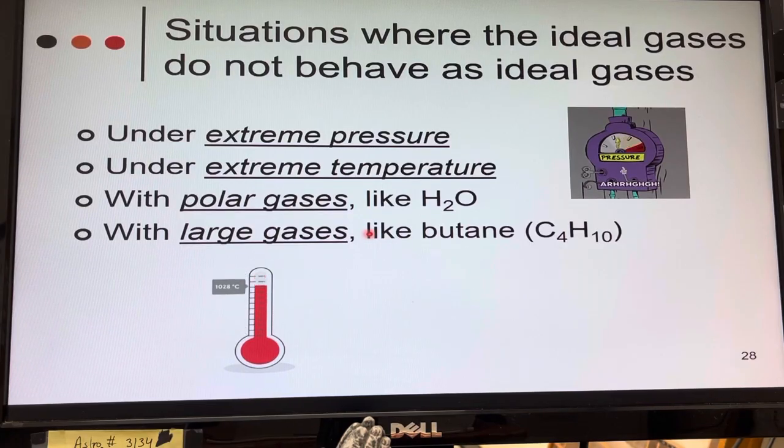If you have extreme temperature, if you have a polar gas like water vapor, or large gases like this butane here. Butane is the fuel that's found in barbecue lighters, okay? Not barbecue tanks, that's propane. The lighter itself, the little handheld lighter that goes click, click, click. Okay, that's what I mean. So these four situations would make an ideal gas not an ideal gas. All right.